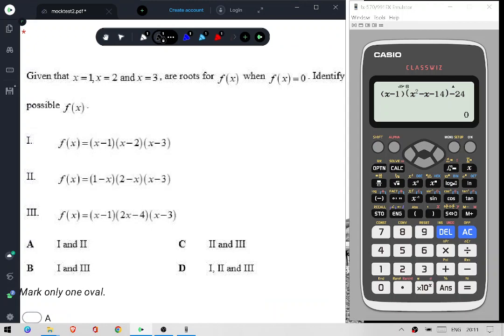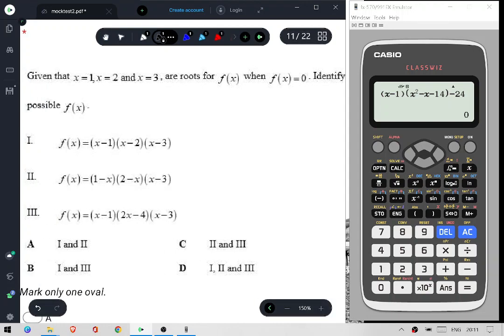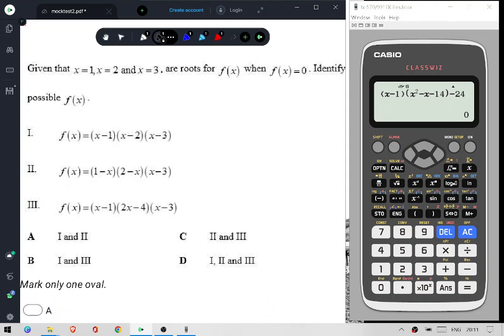Okay, next. Given that x equals 1, x equals 2, and x equals 3 are roots for f(x) when f(x) equals 0. Identify the possible f(x). Now, are the roots for f(x)? All three are the roots. So, what are the factors? Senang aja patah balik macam kamu buat cari factorize tu.